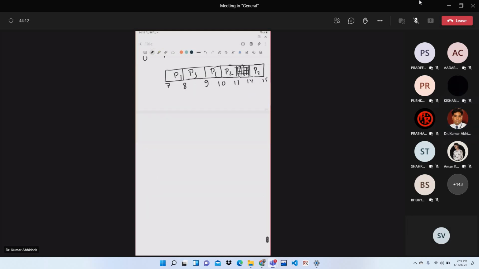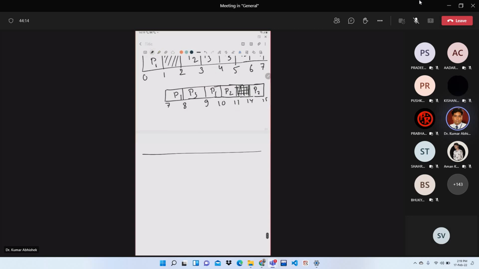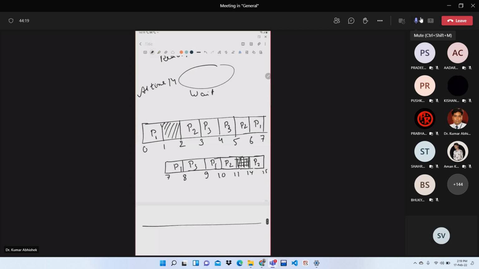So this is how it happens. Now, is it clear? So we have two idle time slots over here, 1 to 2 and 11 to 14, right? These are the two idle slots in our Gantt chart.